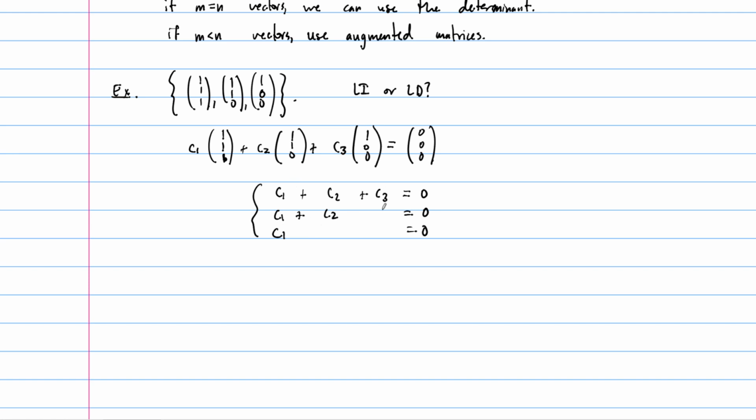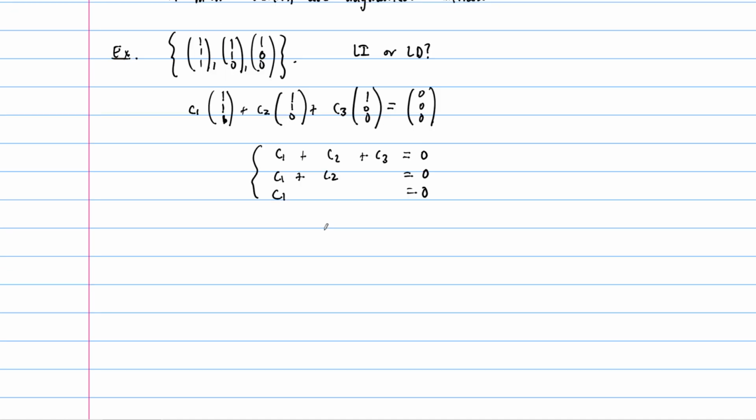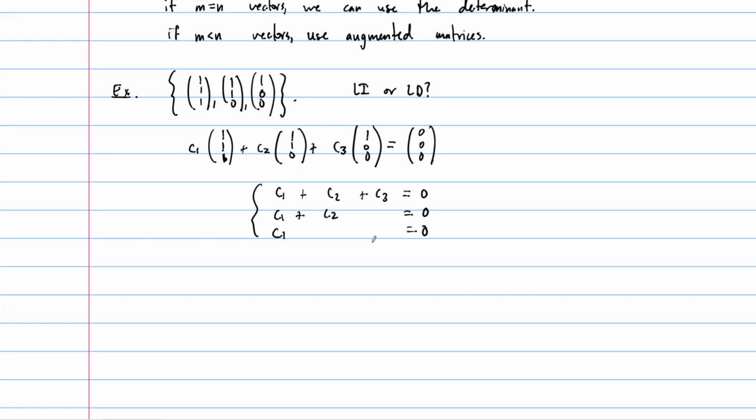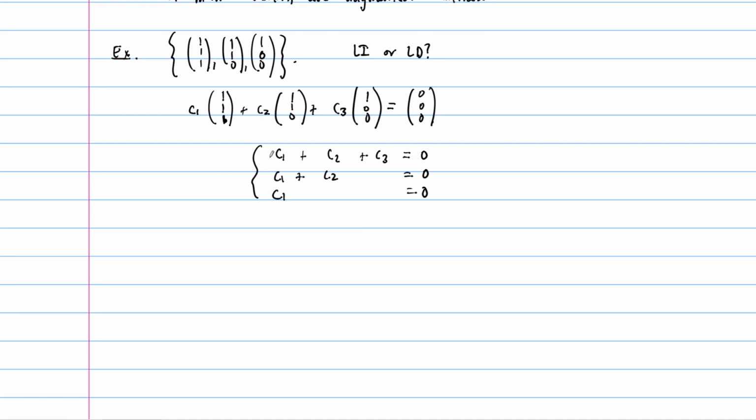It's kind of in a triangular form. But if we were going to write this as a matrix equation, look what it would be. The first column of the coefficient matrix is 1, 1, 1. The second column is 1, 1, 0. The third column is 1, 0, 0. The vector of unknowns is C1, C2, C3. And the right-hand side is 0, 0, 0.